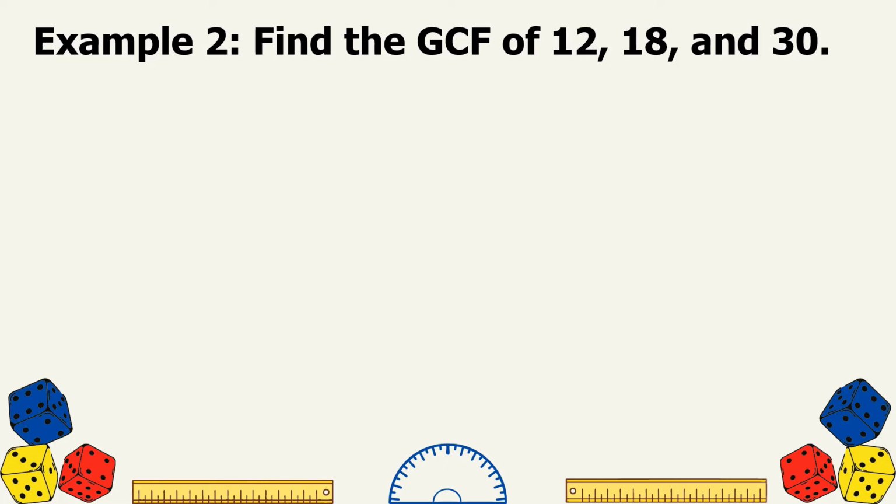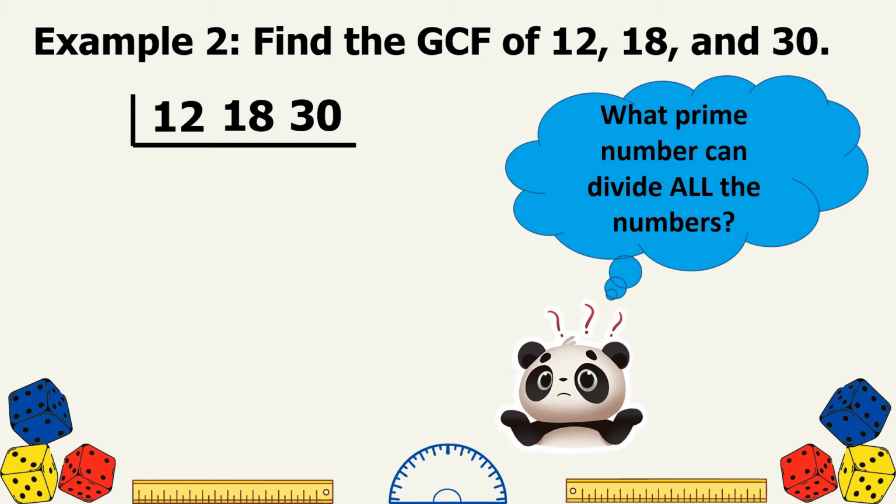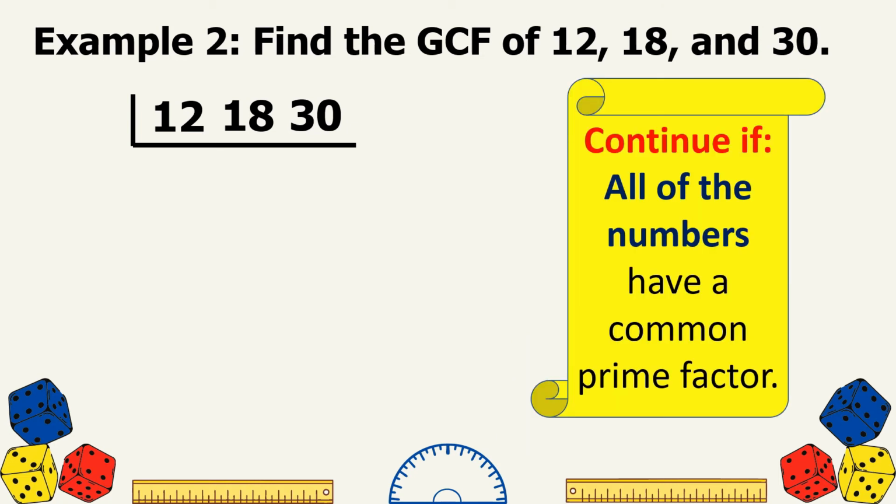12, 18, and 30. First, let's make an L shape and then we arrange the given numbers 12, 18, and 30 horizontally. What prime number can divide all the numbers? Remember again, we can only go on or continue with the process only if all the numbers can be divided by a common prime factor or number without a remainder.